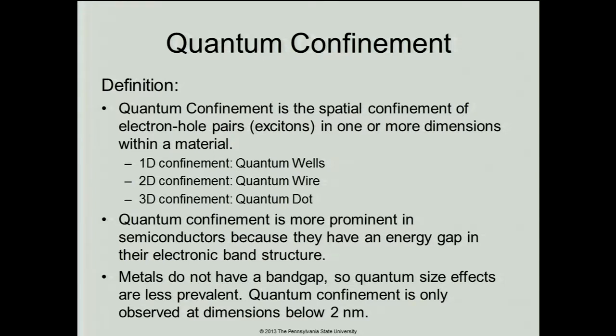When we say quantum dot, the material is confined in all three dimensions. Quantum confinement can happen in other places too. When we talk about nanowires and carbon nanotubes, we will tell you where quantum confinement is occurring. But for zero dimensional materials, it is more prominent.